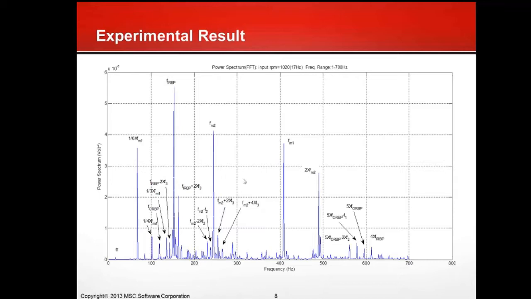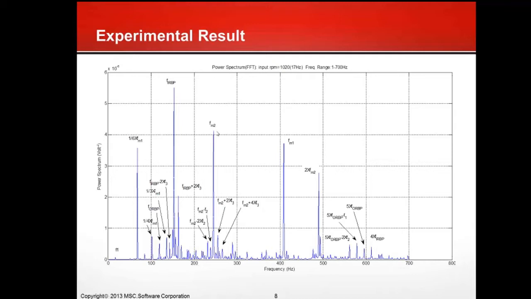So anyway, this is the example problem from the experimental results, and you will see many peaks show up, and they don't show up by accident. It's because of the dynamic behavior of the system.